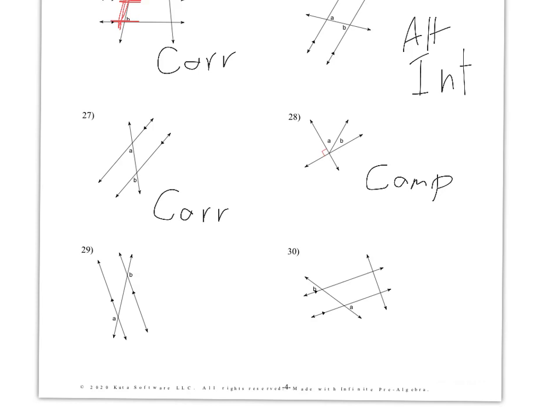Now this time, the angles are not inside these parallel lines. So they're outside, so they're exterior, and they're on opposite sides, so they are alternate exterior angles. And number 30 is the same thing, both outside, so they are alternate exterior angles.